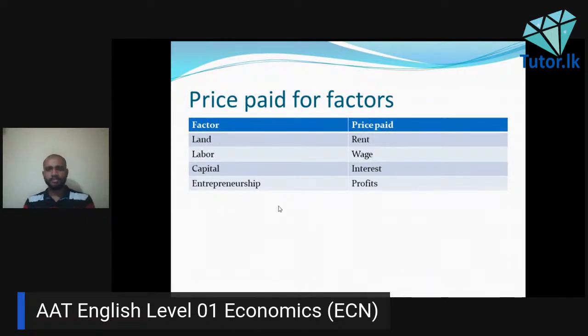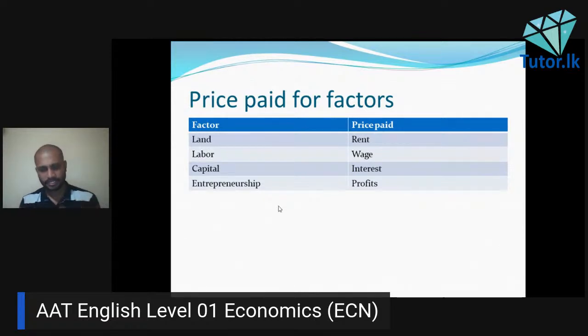So now we know the businesses are utilizing the factors of production called land, labor, capital, and entrepreneurship. When they are utilizing these resources, in return the businesses should pay something for these factors.